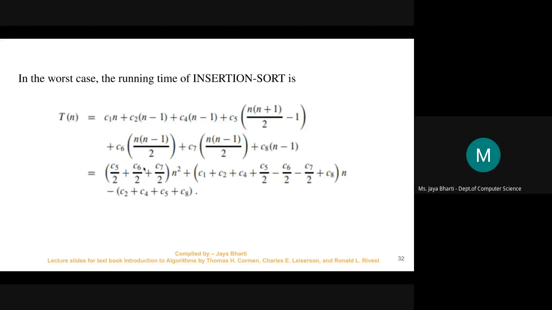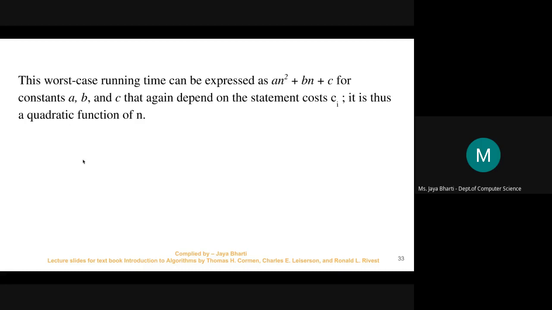So when you replace this constant by a, this constant by b, and this constant by c, you are going to get tn, the time complexity, is equal to an square plus bn minus c. So this worst case running time can be expressed as this, where a, b, c depend on the statement cost Ci, and it is thus a quadratic function of n.